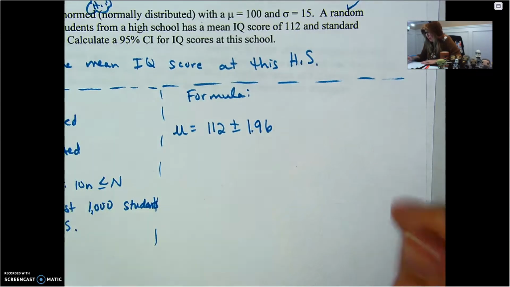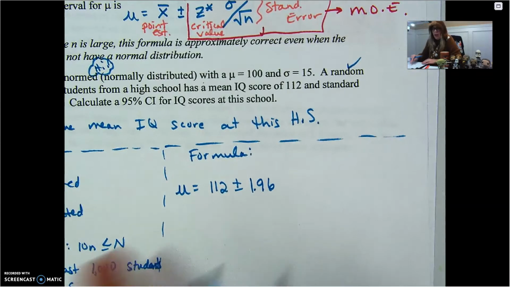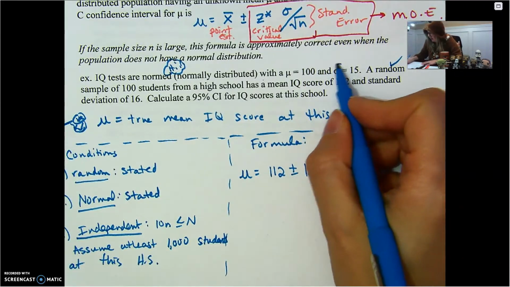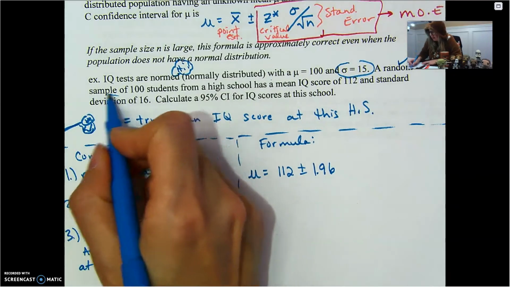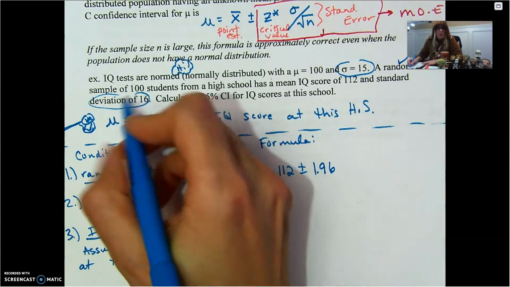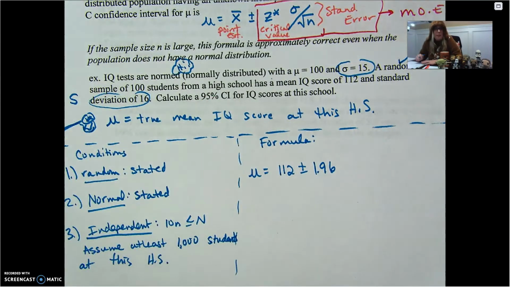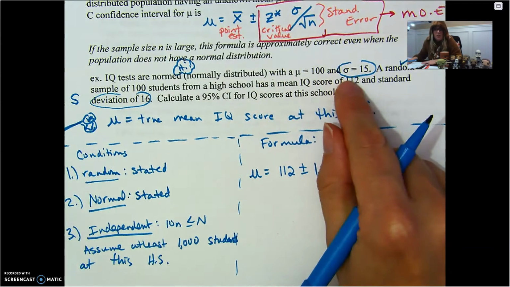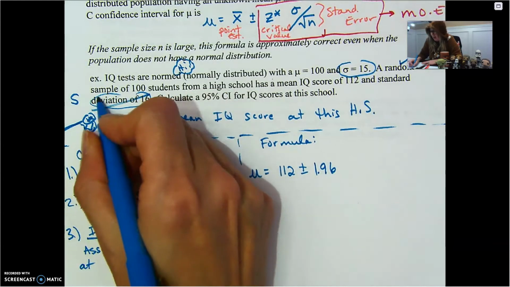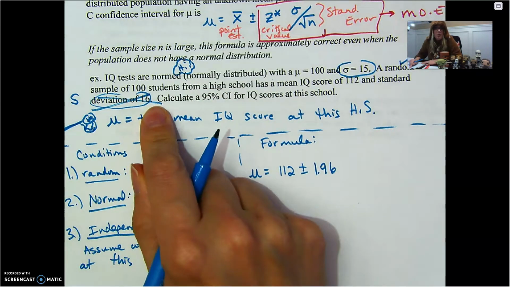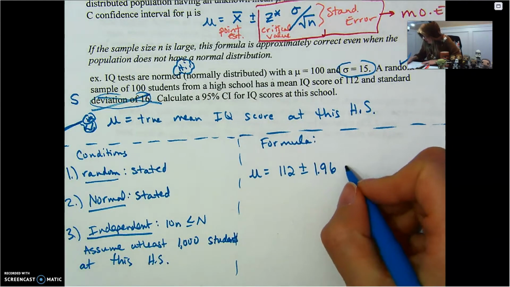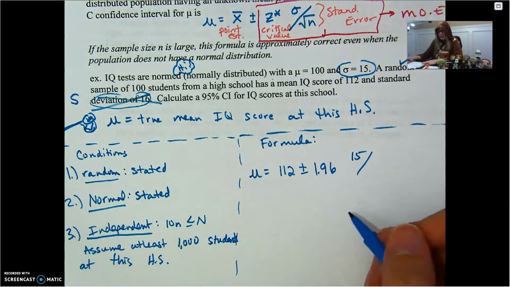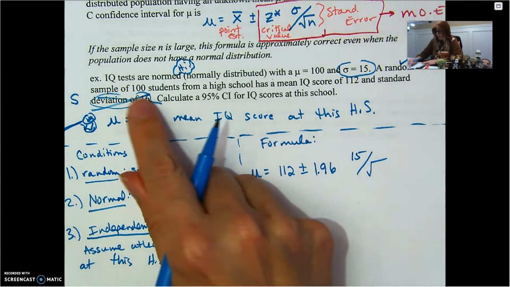Then we multiply it by the standard deviation. Here's where it might get a little confusing. This problem gives us two. They give us this sigma, and they give us the standard deviation of our sample, which would be an s. The formula wants you to use the population standard deviation. So we're going to use 15 and not the 16. 16 is a distraction, I guess, in a way. So we have 15. We're going to apply stats diet. So square root of 100.